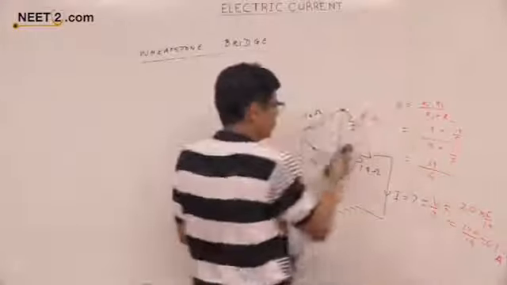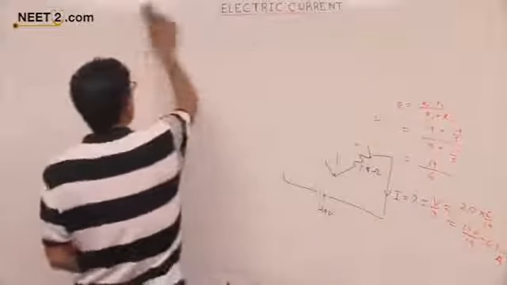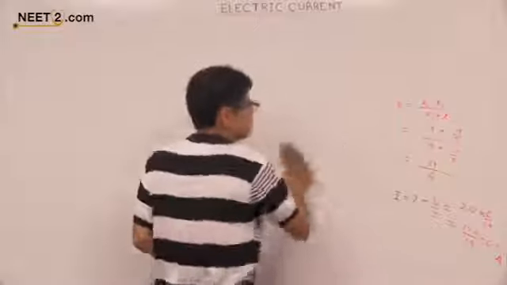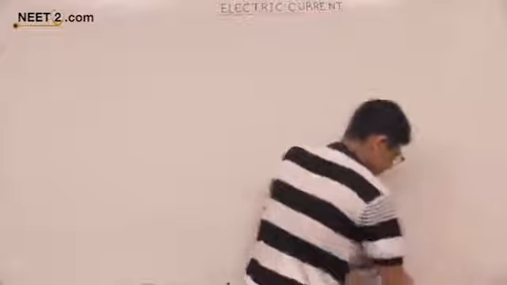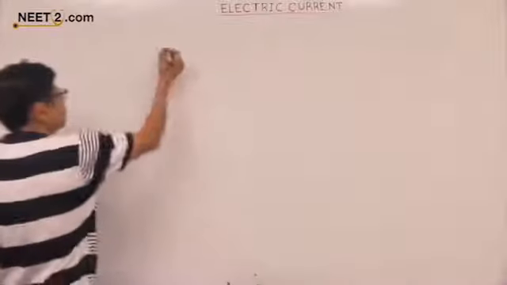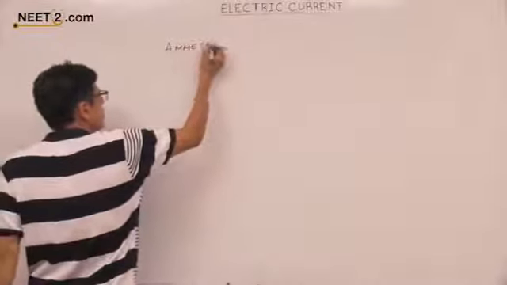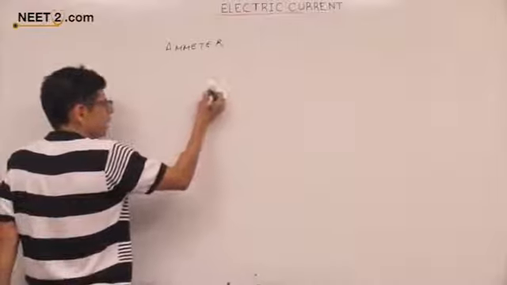Now that we know something about the galvanometer, it is a nice time to talk about a few other devices. The first one on the cards is the ammeter. What we do is we take this galvanometer.